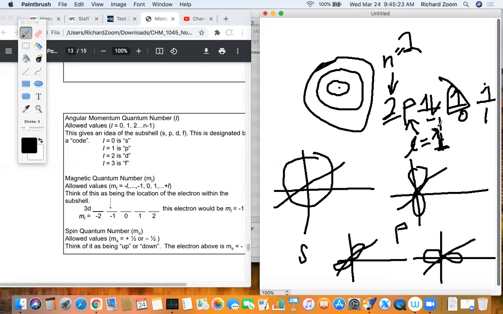And that means that each of these can be assigned a number, but that number is dependent on the value of L, which we get from whatever the letter happens to be here for the subshell. So for this one, if I'm referring to this specific electron, then m sub L is equal to 0.